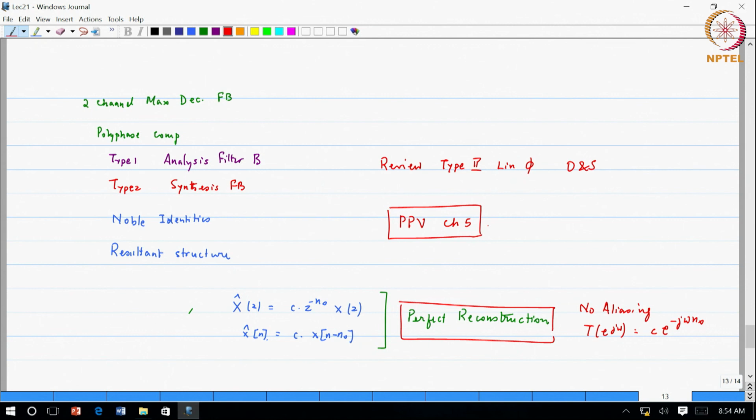The task is the 2 channel maximally decimated filter bank, okay.